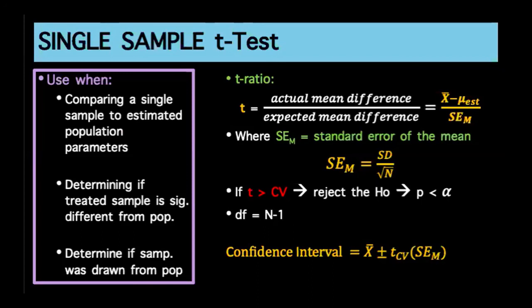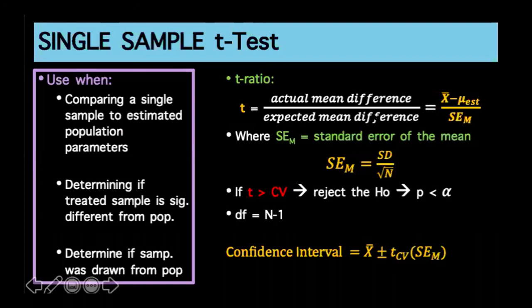This one, you have an estimated population mean. That mean isn't actually known, which is why we say it's estimated, versus the z-score one, where the population mean is technically already known.